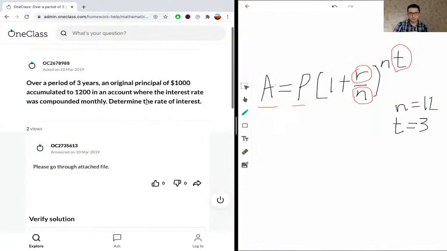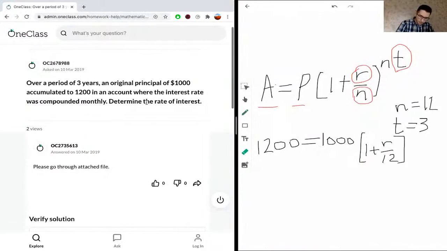This is based on the given information in the question. So we can plug some values in. The total accumulated is 1,200, the principal is 1,000, and we have 1 plus R over 12.